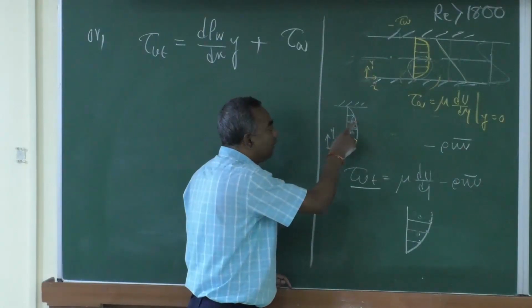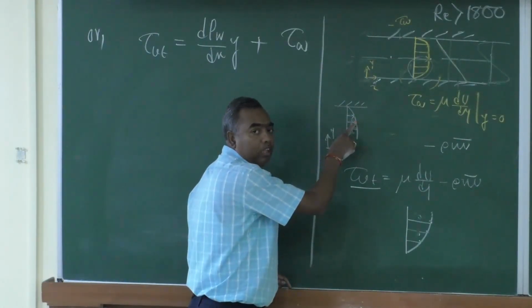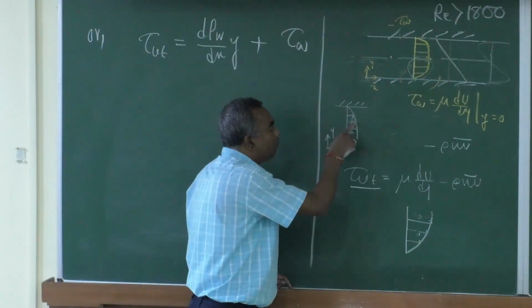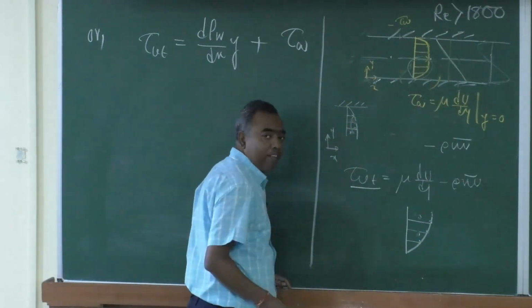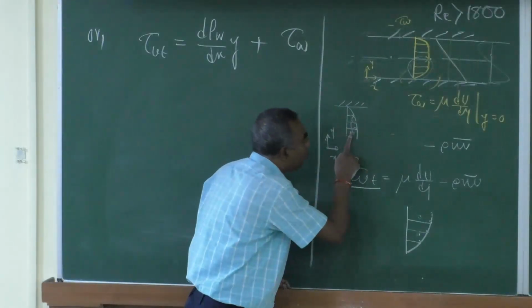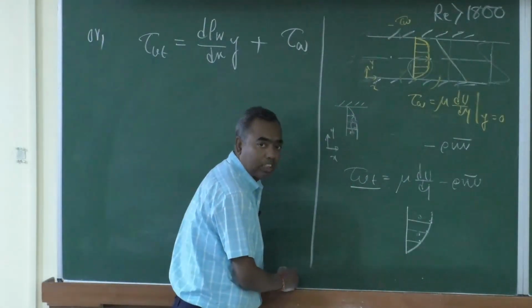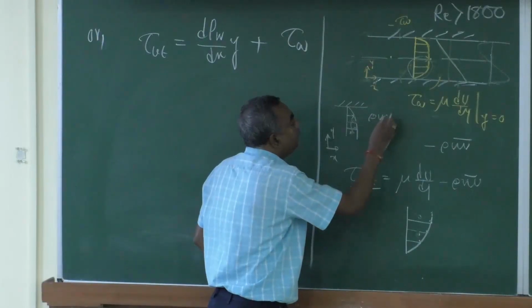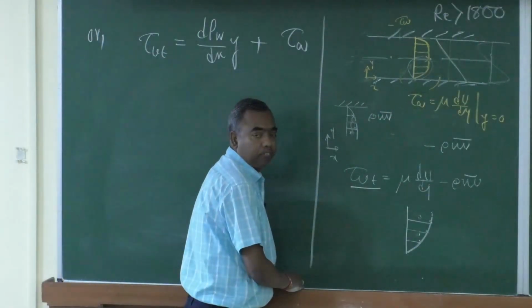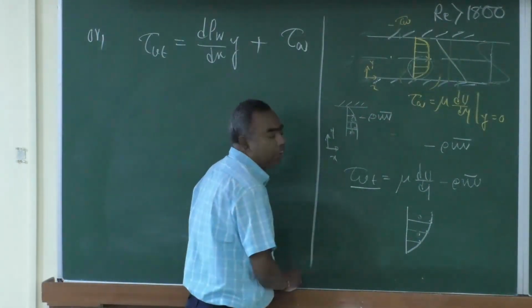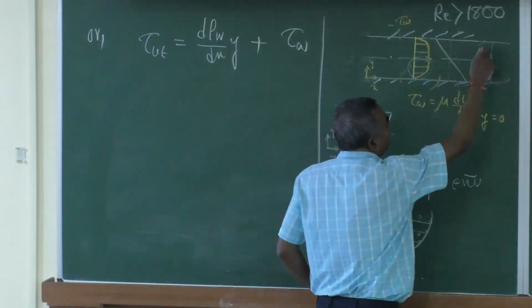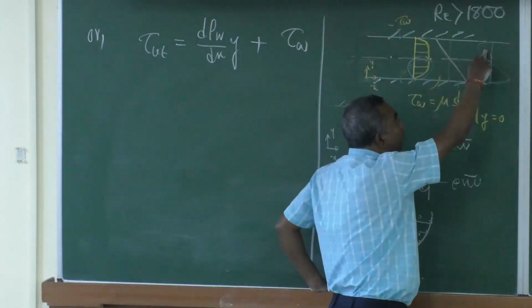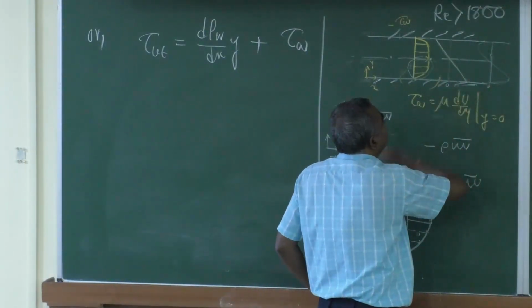So the instantaneous velocity is going to be more there as compared to the mean velocity. As a result, your u fluctuation will be positive, and since the particle is going in the positive y direction itself, rho u v is going to be positive, but one minus sign is already sitting, so it has to be negative. So, this is what we are talking about at this location.